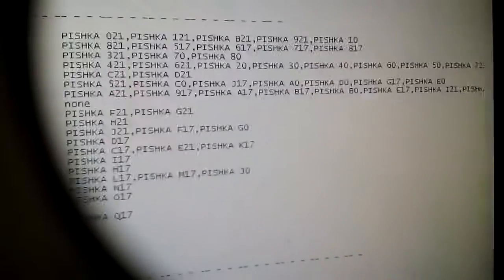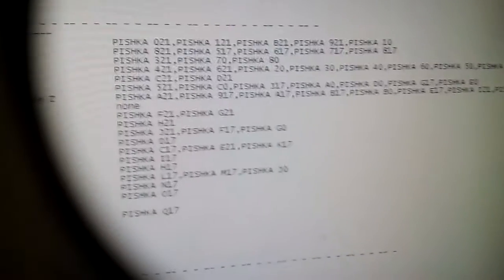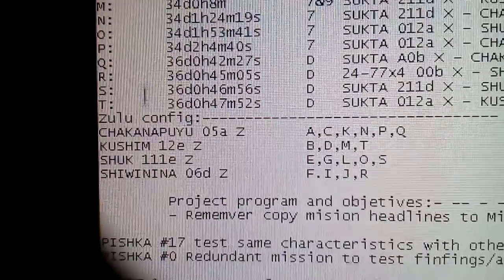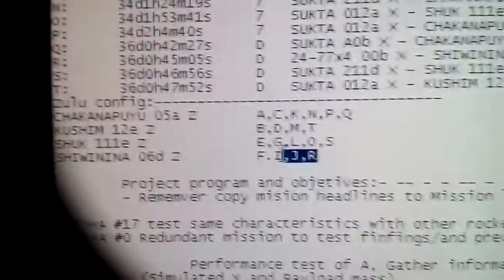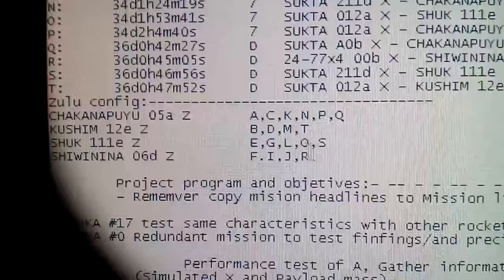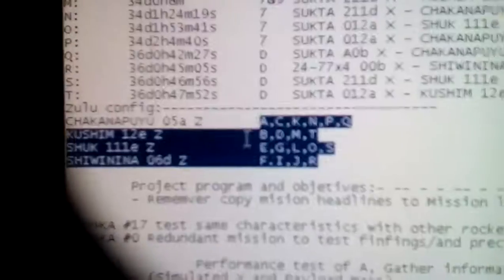Those are all the missions using a specific configuration. A brief of the four rocket types and the configurations for each rocket.